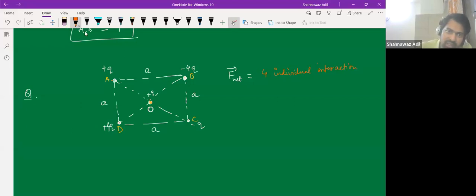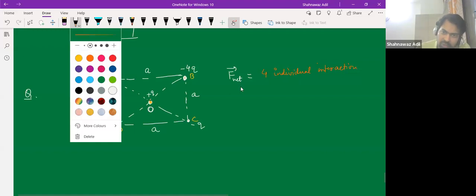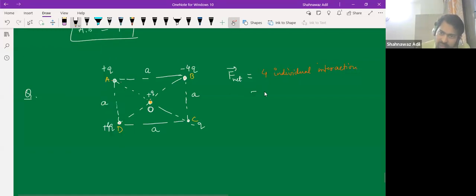If I write in terms of the superposition, that would be FA plus FB plus FC plus FD. So I can do this problem in 2 different ways.